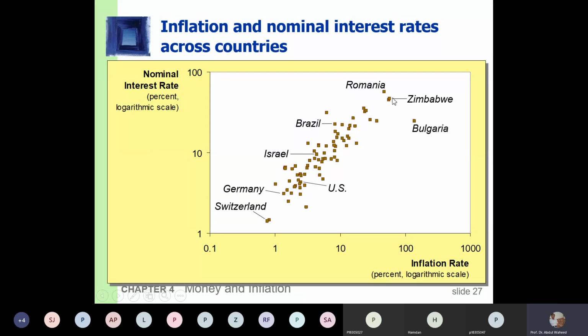This scatter plot of actual data shows a positive relationship between the inflation rate and the nominal interest rate. So when the inflation rate increases, the nominal interest rate also increases. In our case also, when the inflation rate was more than 10%, our nominal interest rate was also very high. And when the inflation rate decreases, the nominal interest rate will also decrease.